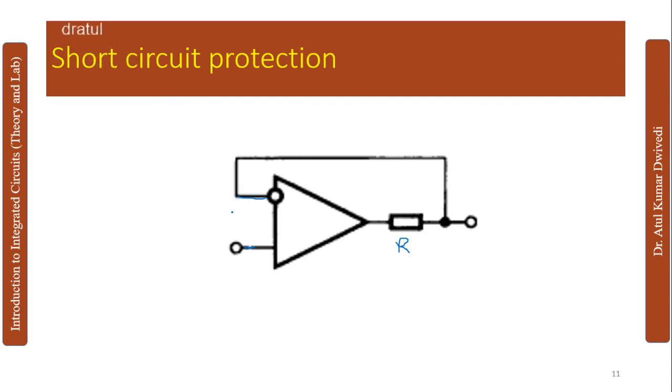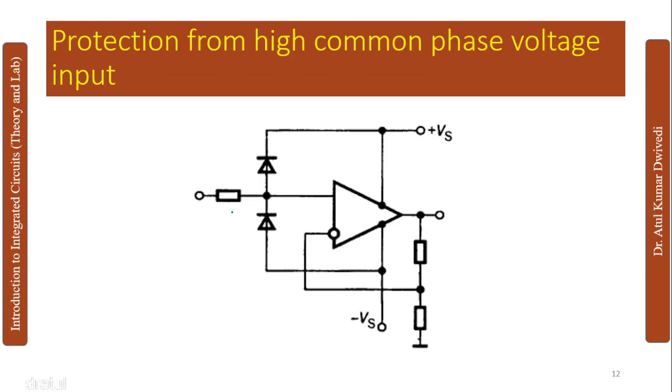And the protection from the common mode voltage input, this is the circuit. In this case, if voltage exceeds the limit, then one of the diodes opens. This way the voltage of the non-inverting input fixes at supply voltage.